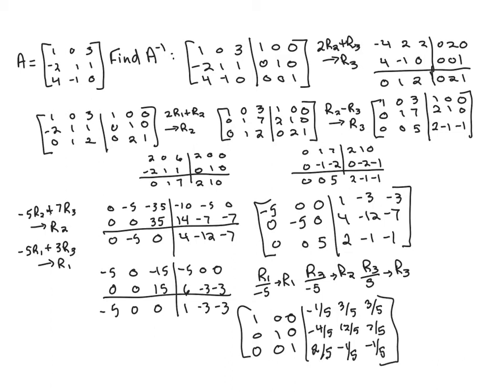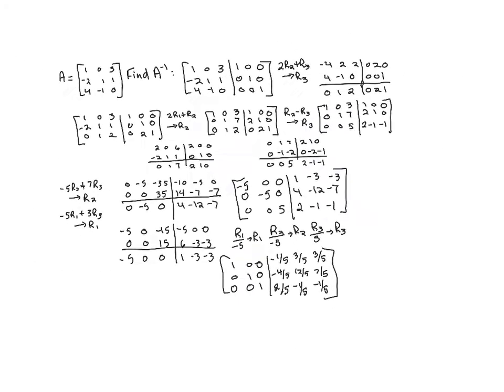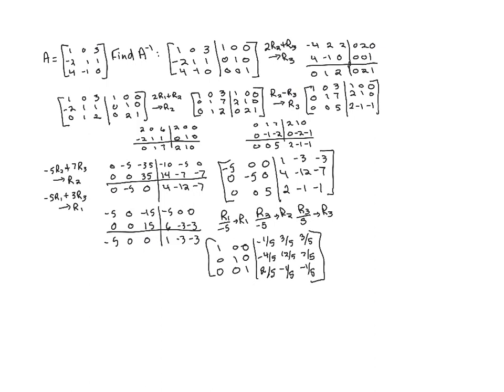And now I'm going to pull out the 1/5 when I write down my answer. And I get A inverse equals 1/5 times just the numerators. Minus 1, 3, 3, minus 4, 12, 7, 2, minus 1, and minus 1. And there is my inverse.